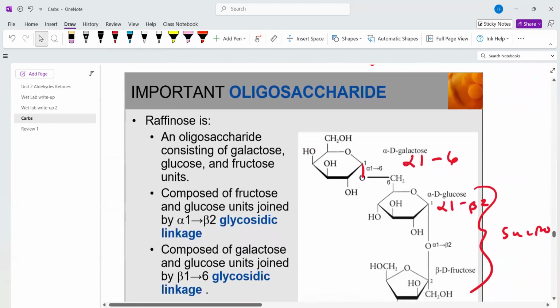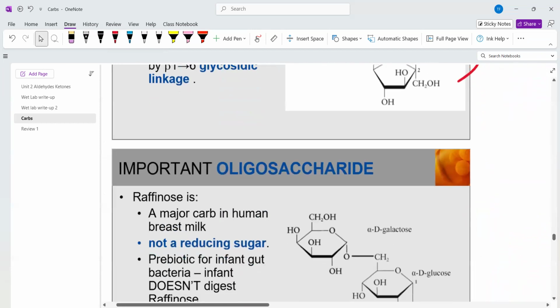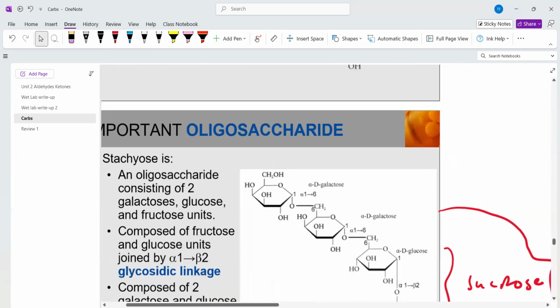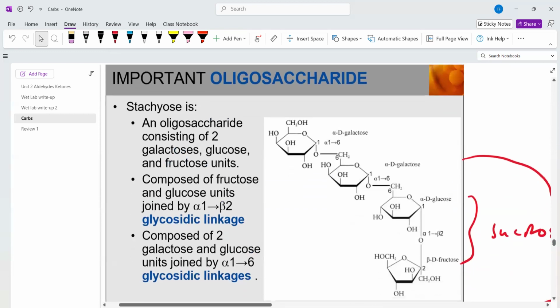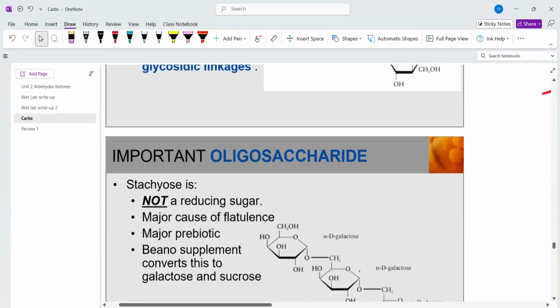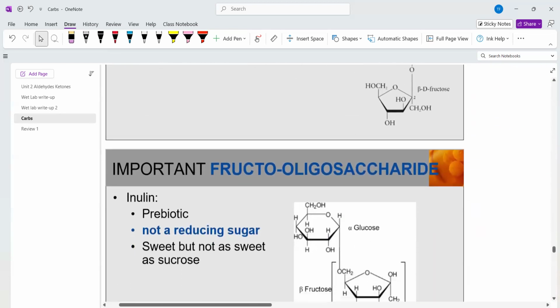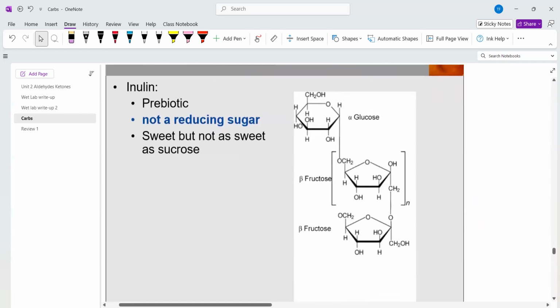Now what I want to do is stop here. You're going to need to know two oligosaccharides, raffinose and saccharose, and some different kinds of polysaccharides.